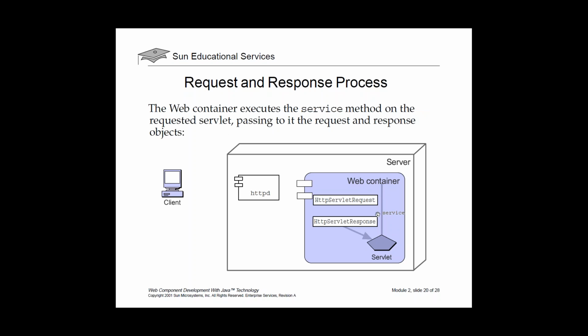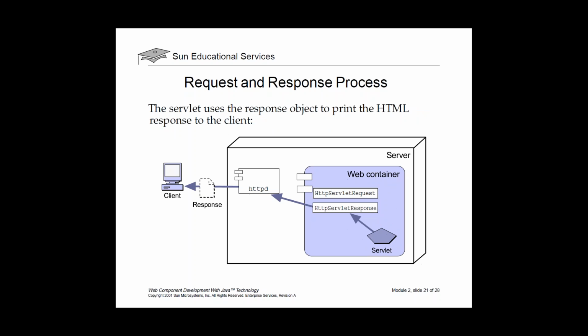When it is calling the service method, it will pass on the servlet request and servlet response object. Then, with the help of this servlet response object, it will send the response to the client. So this is the complete life cycle.